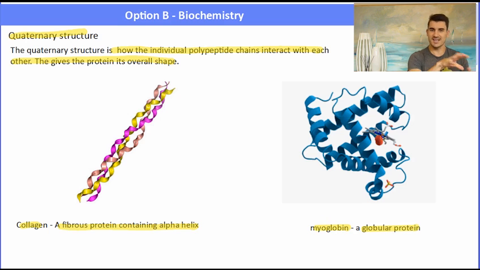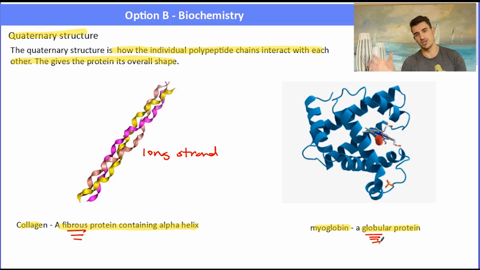The fibrous ones tend to be long-stranded, the globular ones tend to fold back to give it a different shape. But the shape is important for the function. Collagen has a very different function to myoglobin, and it's all got to do with the shape and the interaction of the Z groups that create the shape of the protein.